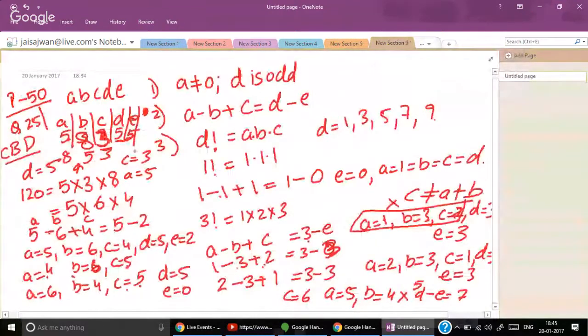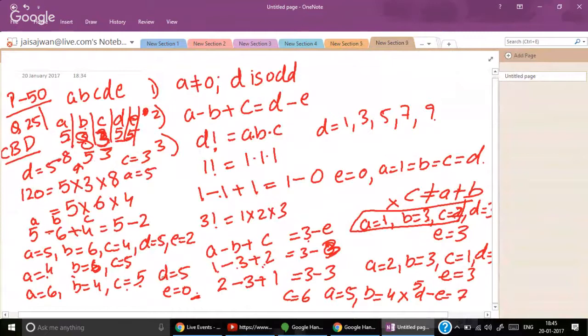Which of the following is or are true if E is equal to 0? If E is equal to 0, I can say it is equal to 1, and I think one more place here also I got E is equal to 0. Then D has to be equal to 1. Yes, this is coming out to be correct. But here also it is E which is coming out to be 0 and D is not 1. So the first may not be the correct one.